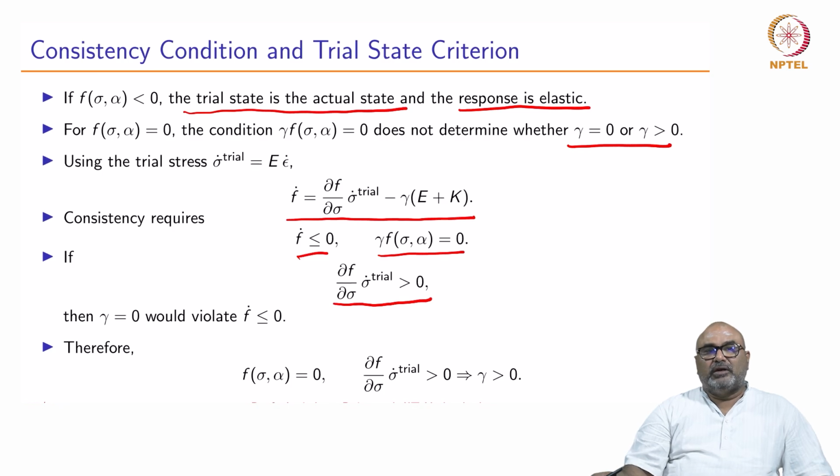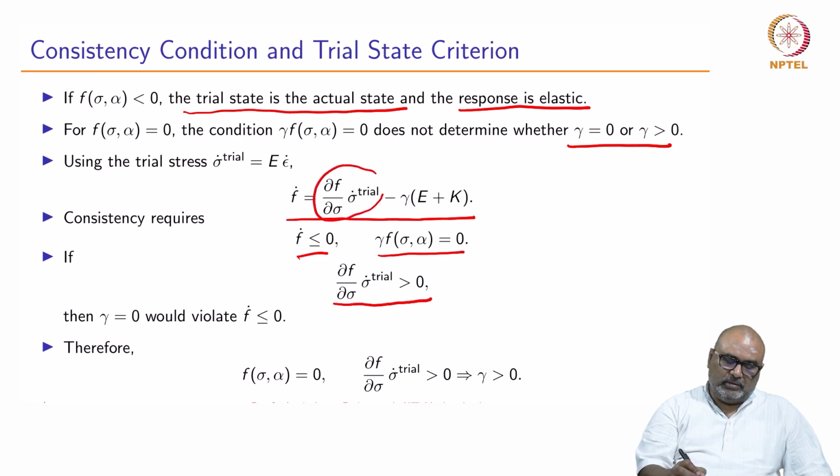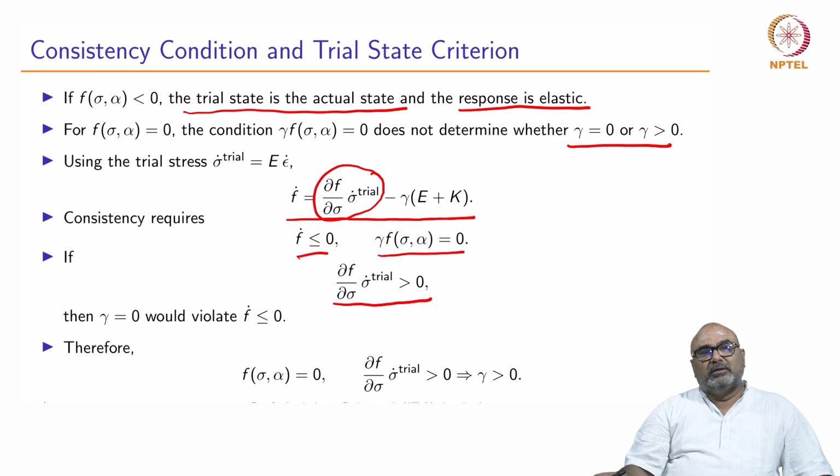Now, for these two conditions to be satisfied, if we have this term dou f by dou sigma times sigma dot trial greater than 0, then gamma equal to 0 would violate that f dot must be less than or equal to 0.